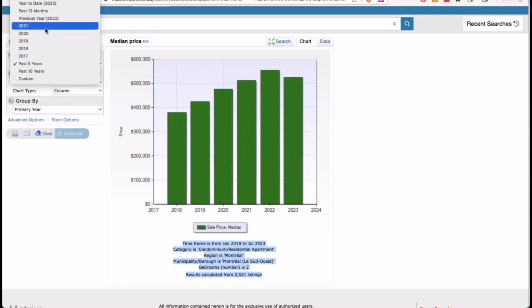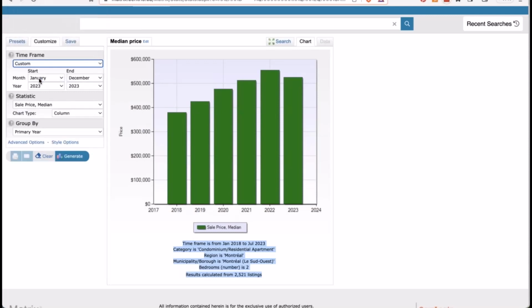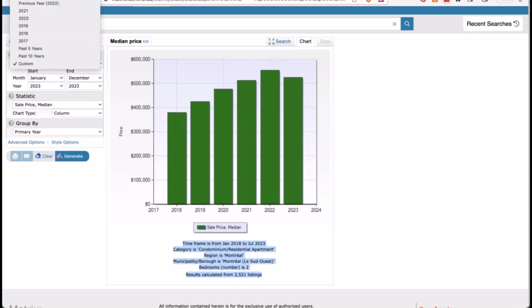So these are just shortcuts, right? And then the past 5 years and the past 10 years, and then you can customize. So you can do whatever time frame you would like, okay? And you can go back to 2014, okay?